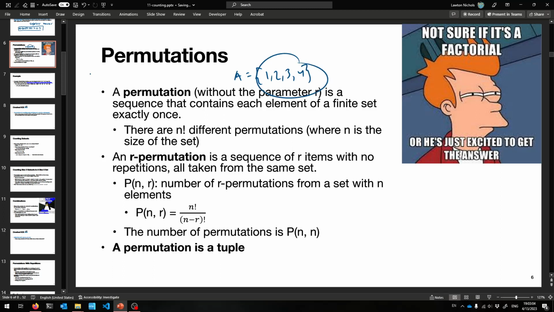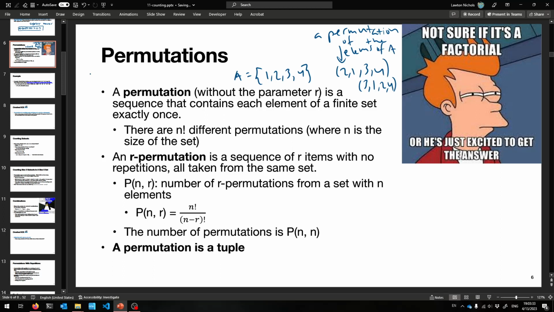Take these things and put them all in some order. So like 2, 1, 3, 4 is a permutation of all the elements of set A. 3, 1, 2, 4 is also a permutation of all the elements of set A. Okay, so permutations are ordered. Order matters.